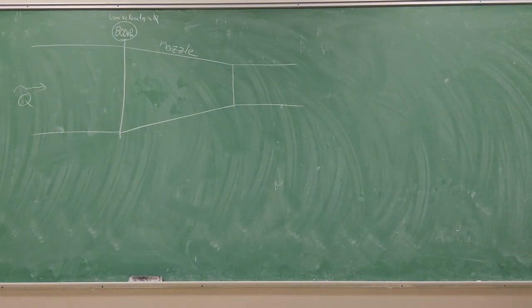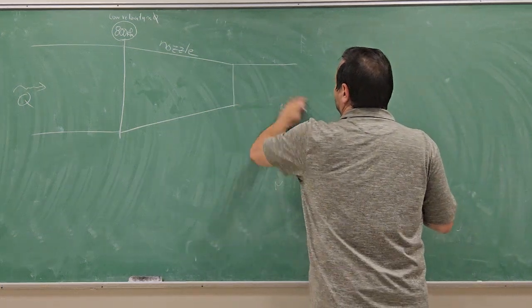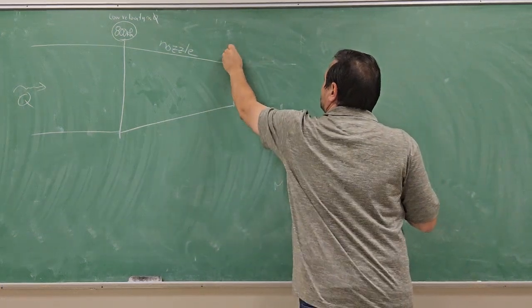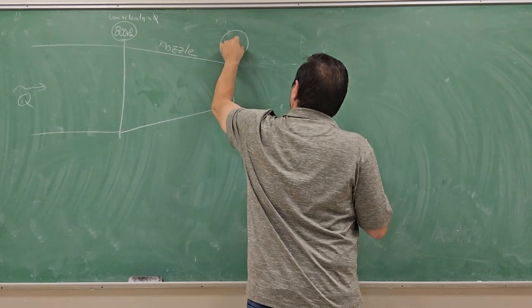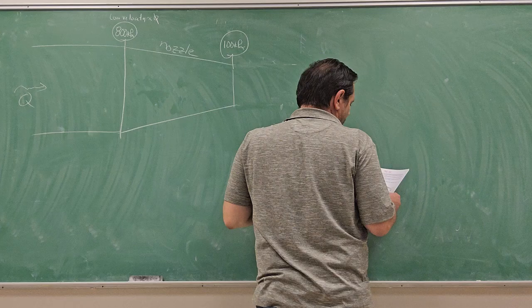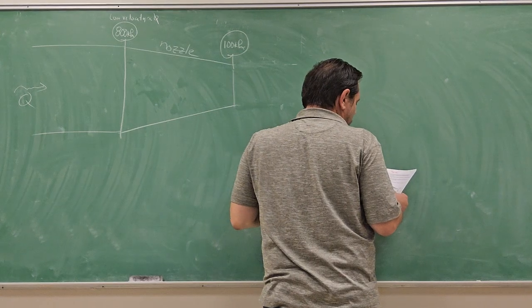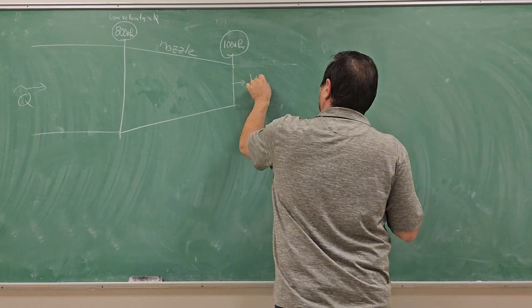The nozzle outlet is exposed to atmospheric pressure of 100 kilopascal, so it's atmospheric here, okay? So here you have 100 kilopascal. Determine the maximum velocity to which water can be accelerated by the nozzle.